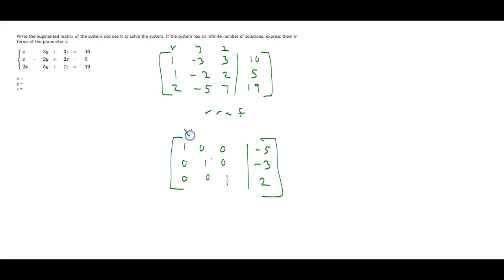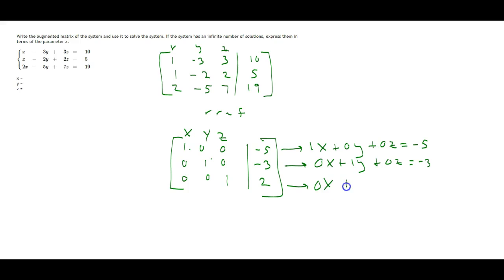Now, remember, x, y, and z, as we did above in our augmented matrix. I can rewrite this as an equation. So that's 1x plus 0y plus 0z equals negative 5. 0x plus 1y plus 0z equals negative 3, and then 0x plus 0y plus 1z equals 2.